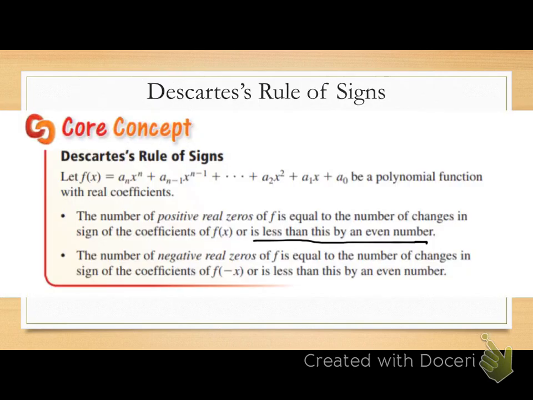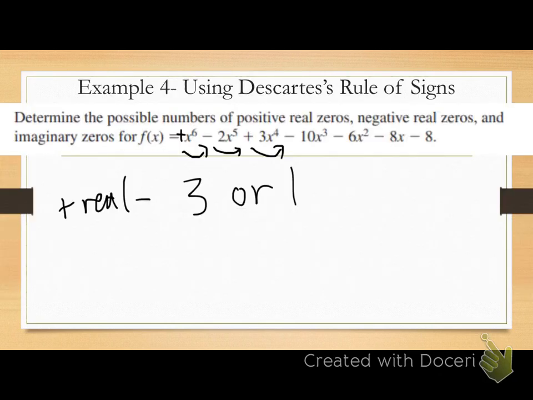Now, the number of negative real zeros of f is equal to the number of changes in the sign of the coefficients of f of negative x. So I hope we all remember how to find f of negative x. I would just replace my x values with negative x.